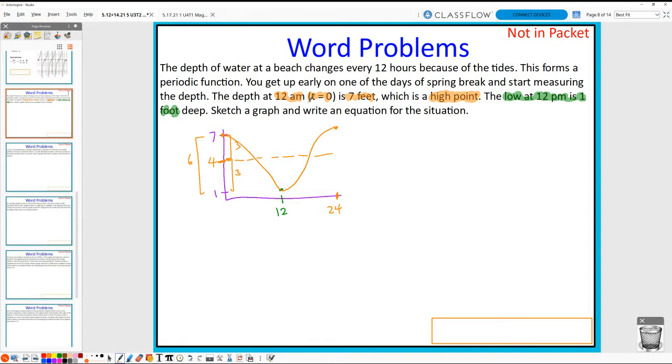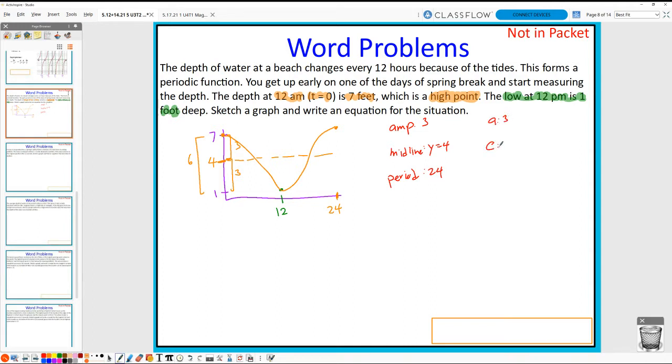Not perfect, but that's okay. I just need this rough sketch, because now I can have a lot of information. I know the amplitude is 3. I know that the midline is y is equal to 4. And with this, I know my period is equal to 24. Right? So off the bat, I know some information about my A and C. This implies that my A value is 3.